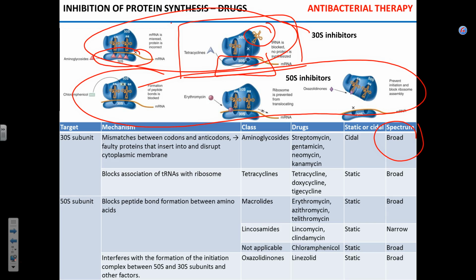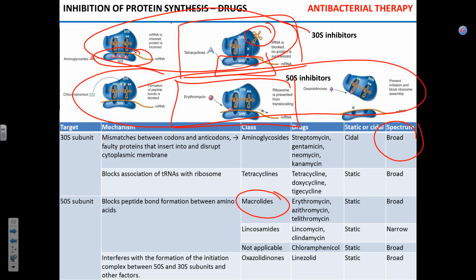What about others? So macrolides prevent the ribosome from translocating, moving down the mRNA. Does that make sense? They bind to the 50S, so the ribosome cannot move down and read the mRNA through, and protein synthesis is stopped.